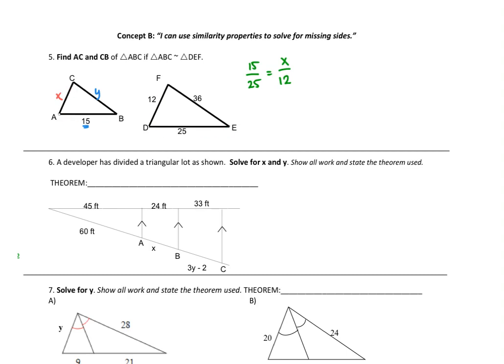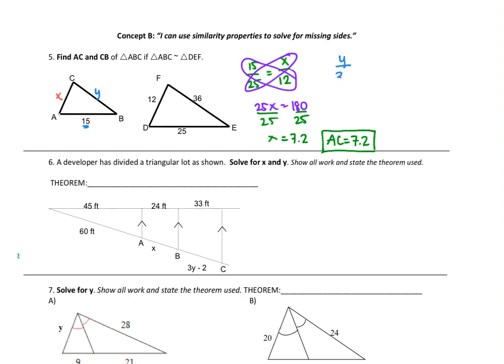And then we just cross multiply. So 25x equals 15 times 12, which is 180. And then divide by 25. We get 7.2. So that means AC is 7.2. And now we're going to solve for y.